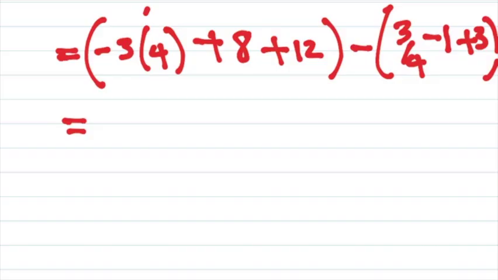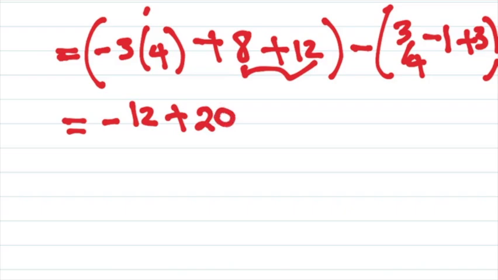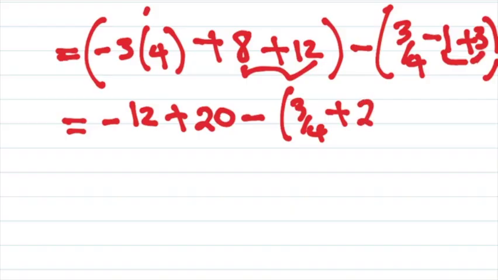So this is minus 12 plus, add these two, they're gonna give you 20, minus 3 over 4 plus, this minus 1 will take 1 from 3, so you have 2.